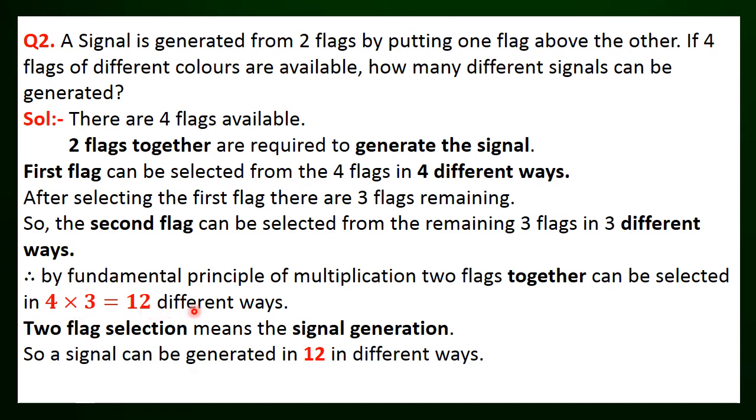We know the fundamental principle of multiplication. We are choosing the flags together from the 4 flags, so it is done in 4 into 3, 12 different ways. Now 2 flags are selected means we can generate a signal. So 2 flag selection means the signal generation. So the signal can be generated in 12 different ways.